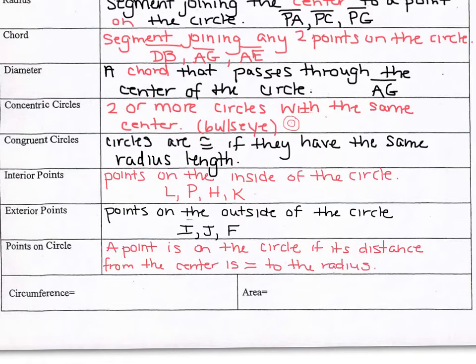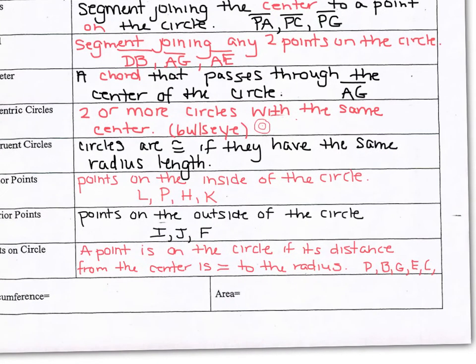And in our case, we have 6 examples. Points D, B, G, E, C, and A.